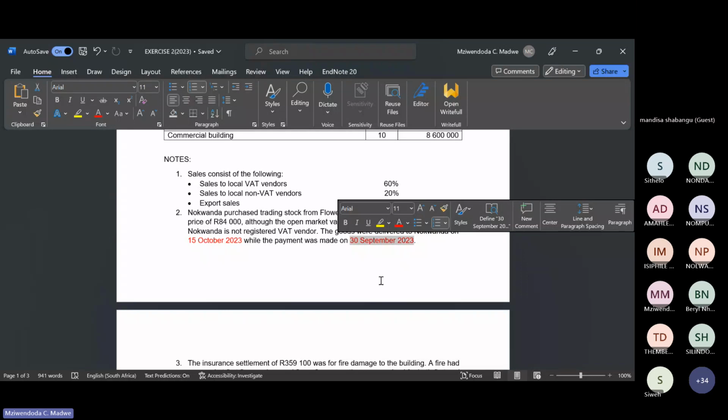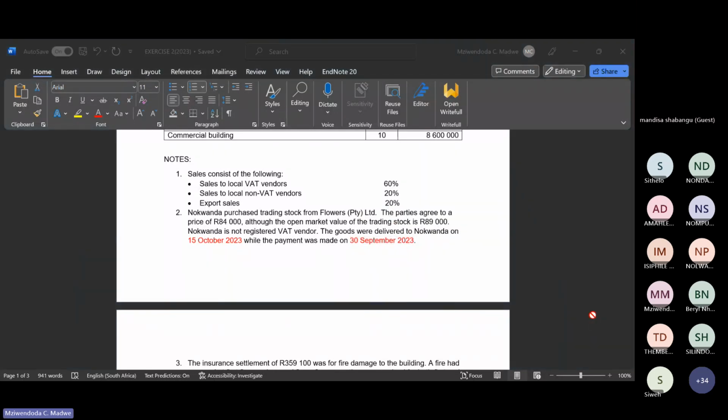Once you are given 2 dates or more, you have to know that here I have to apply the time of supply. So in the same question, you first address the issue of the value, because you have 2 values. The second thing that you have to address is when I am going to start calculating this VAT.